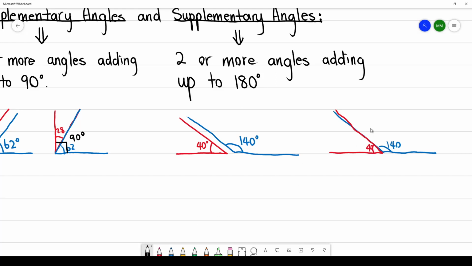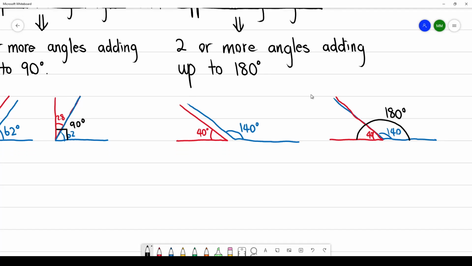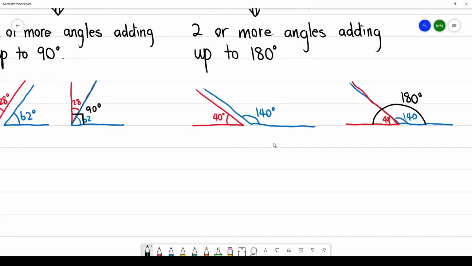Now this big angle over here, this entire angle, it becomes 180 degrees. And that is the definition of supplementary angles. So two or more angles, and again, you can have more than two angles, added together such that they form a straight path.